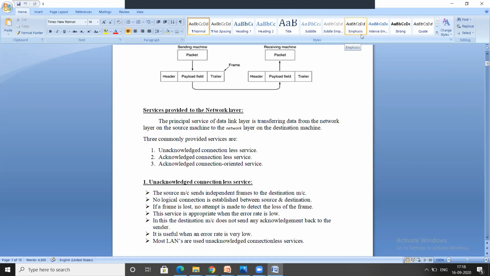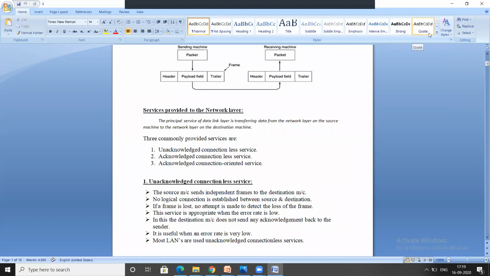The data link layer provides services to the network layer. Here, it provides three types of services. The first one is unacknowledged connectionless service. The second one is acknowledged connectionless service. The third one is acknowledged connection oriented service.